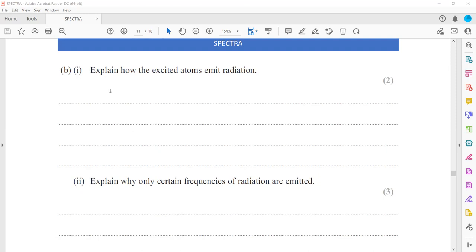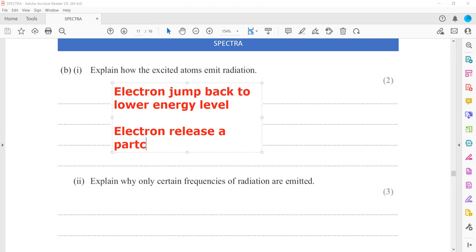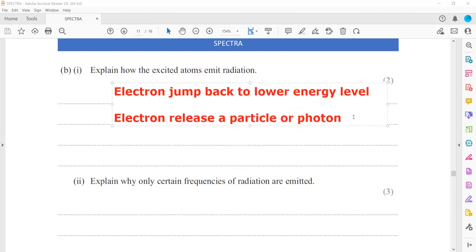So the electron jumps back to a lower energy level and releases a particle or photon, and the energy of the emitted photon is equal to the difference in the energy of the two levels, so E2 minus E1.